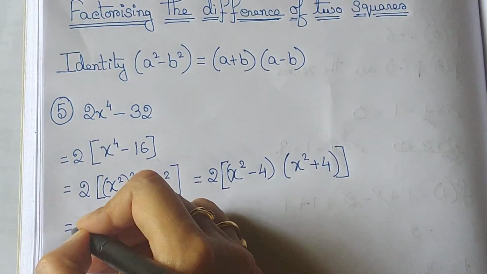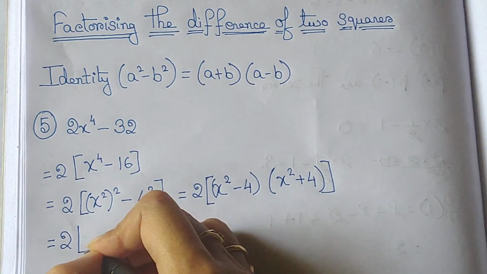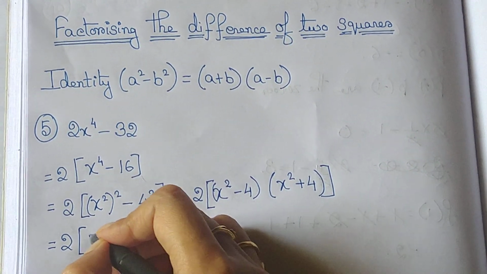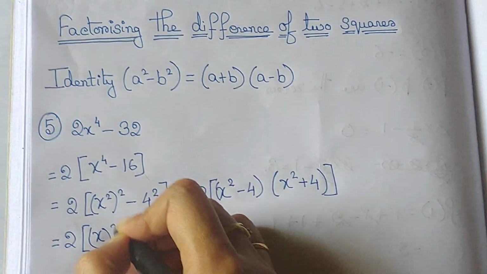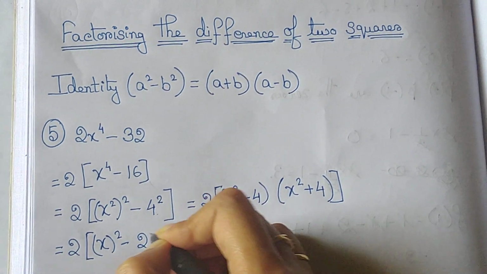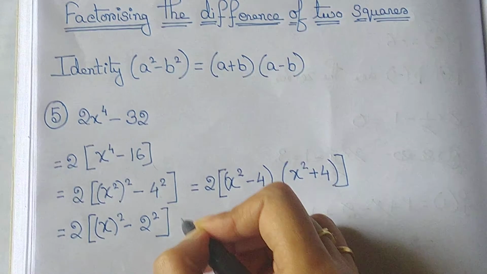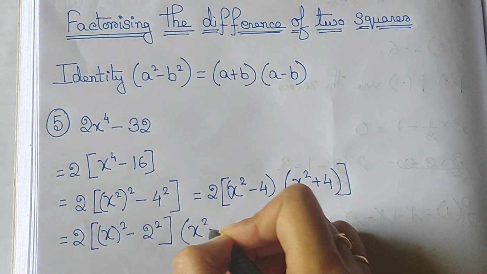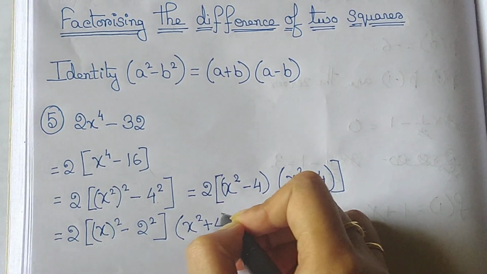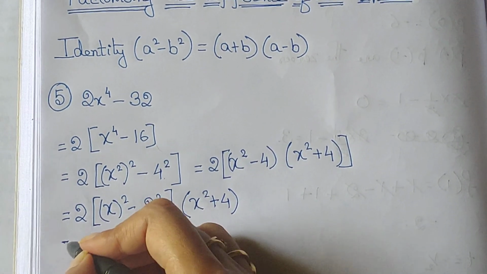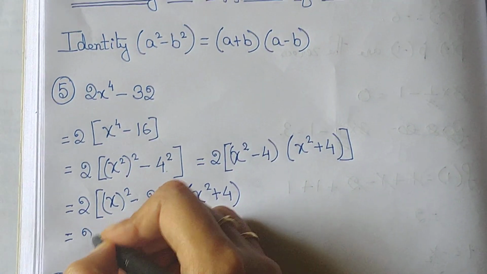This can be written as 2, that is x square minus 2 square, and x square plus 4 will remain as it is. So I can write it down 2.